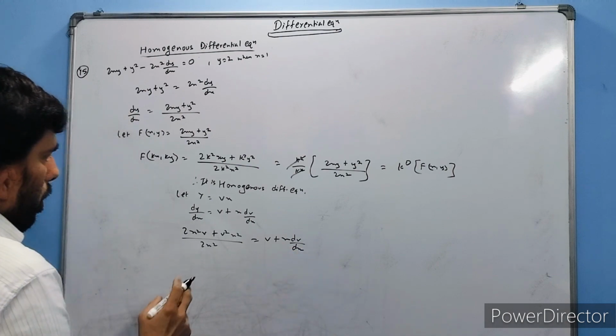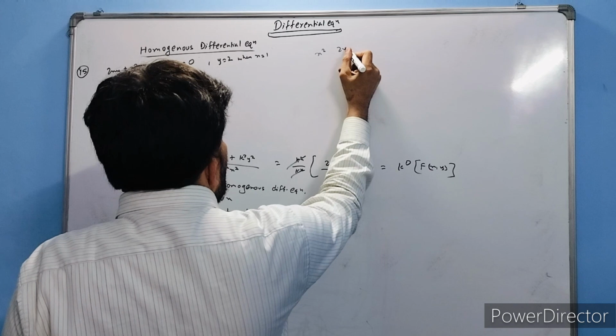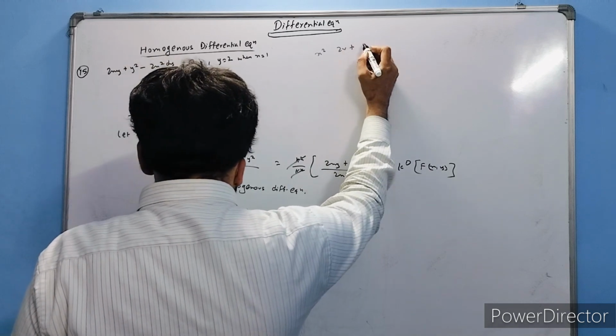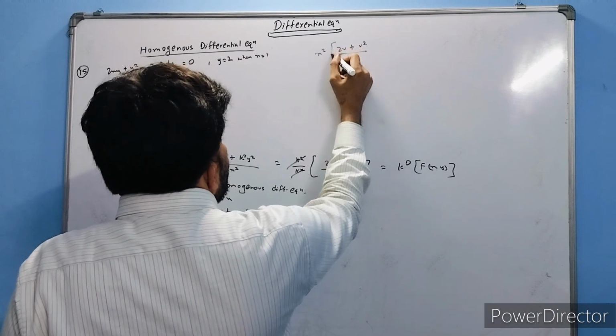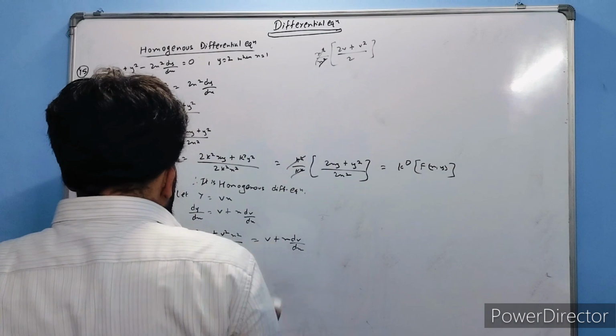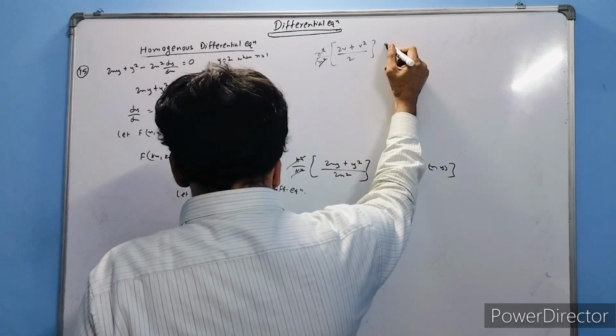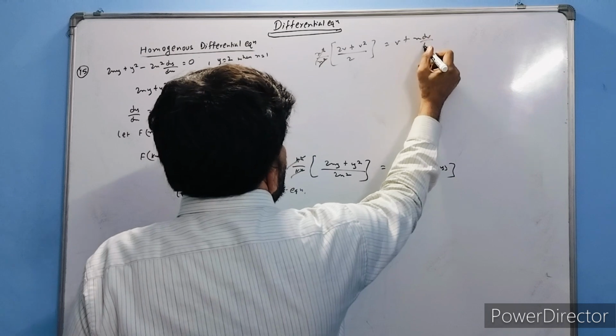Now we can take x square common, so we have 2v plus v square upon 2 is equal to v plus x dv upon dx.